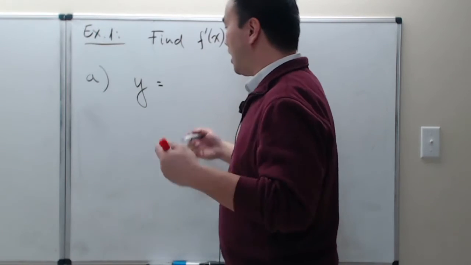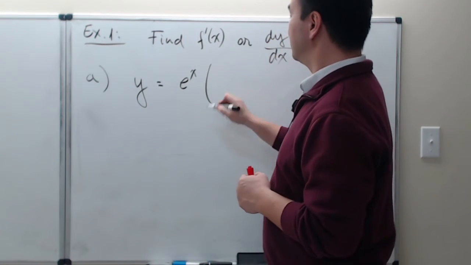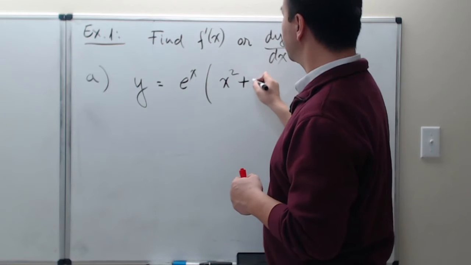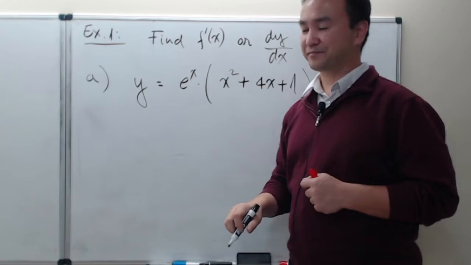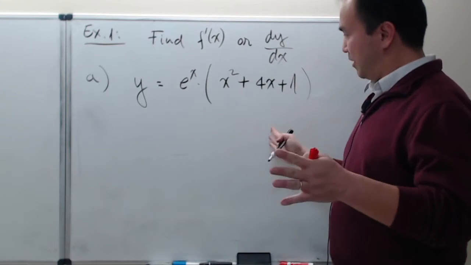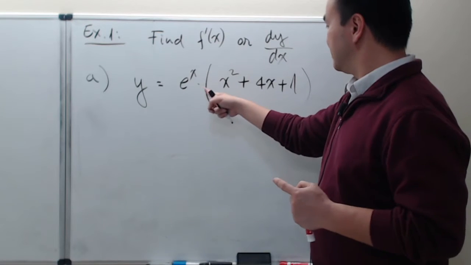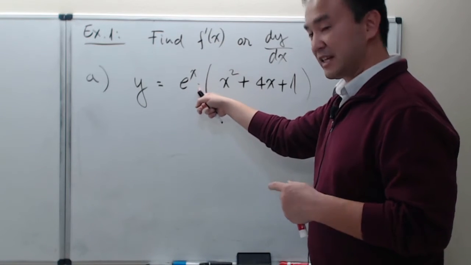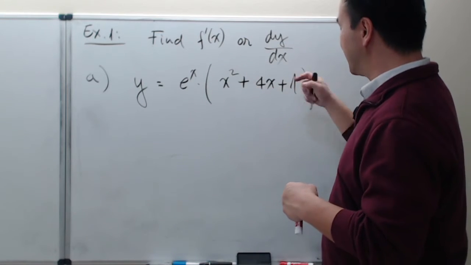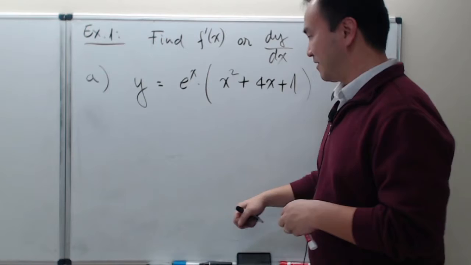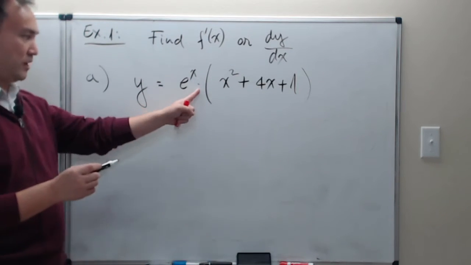Let's say y equals e to the x, in product with x squared plus 4x plus 1, or something like that. So what I have here is an e to the x being multiplied with x squared plus 4x plus 1.